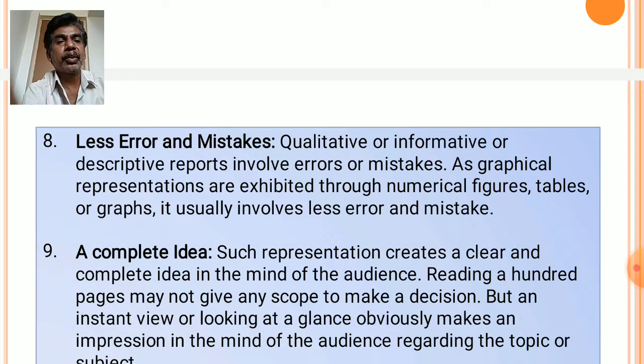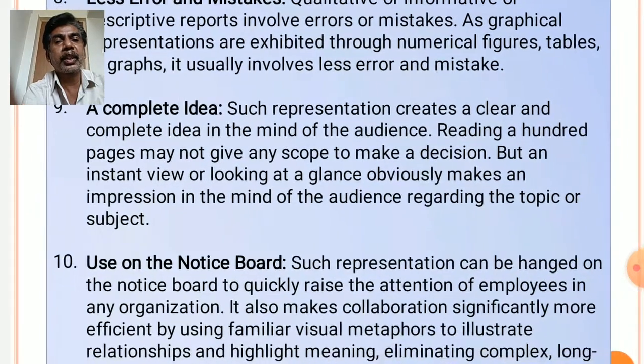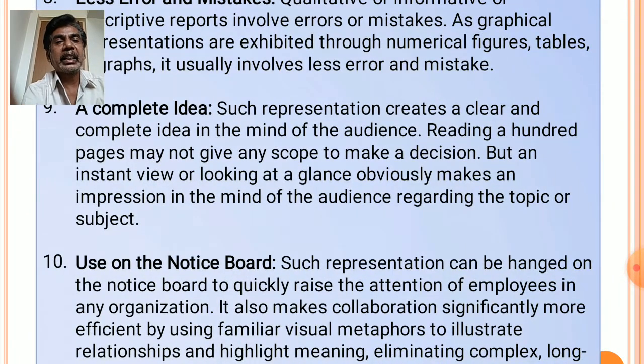Usually it involves less error or mistake. And then a complete idea. Graphs give us a complete idea of the statistical data, and bring a clear and complete idea into the mind of the audience.